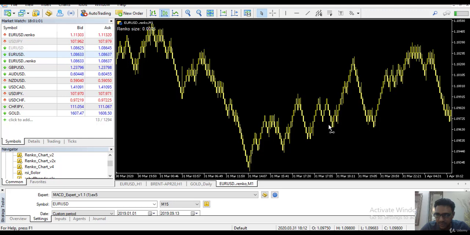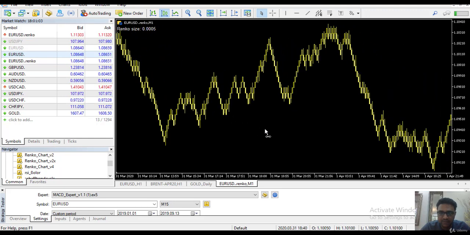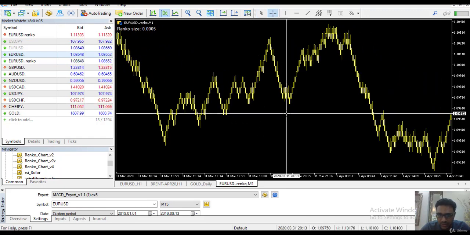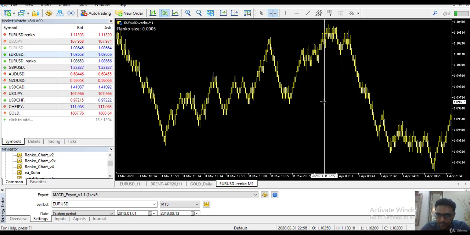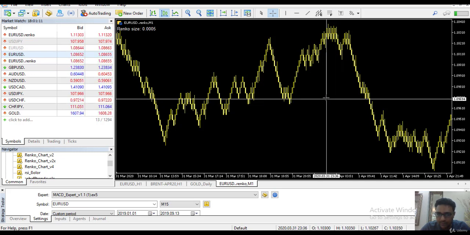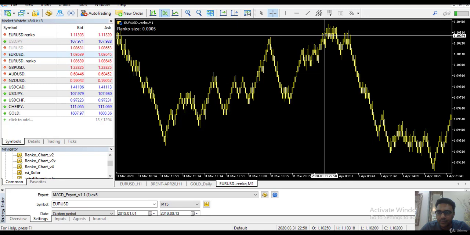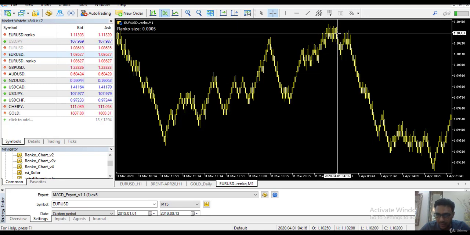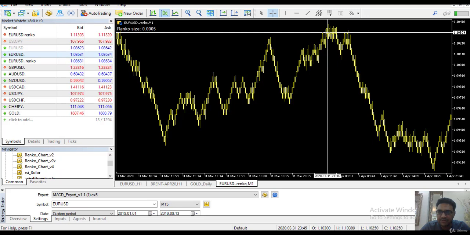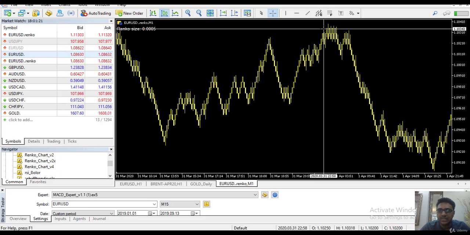So this is 31st of March around 11, and we can see from roughly this one. Now you can see there are a few bricks over here from the 1st of April till the 1st of April, right? So this is the area.